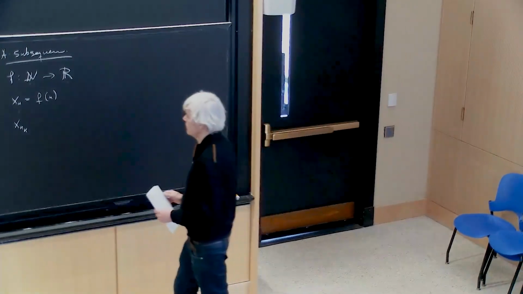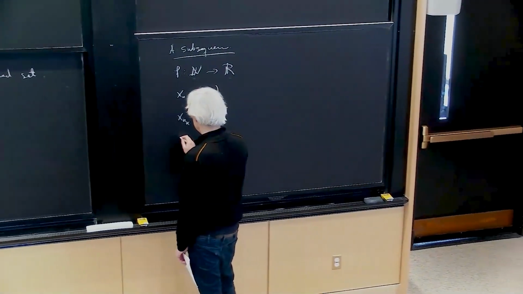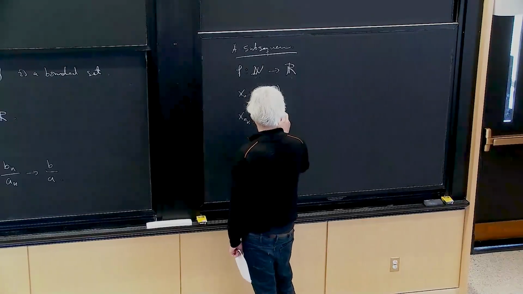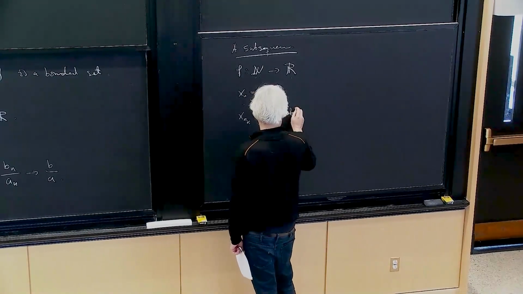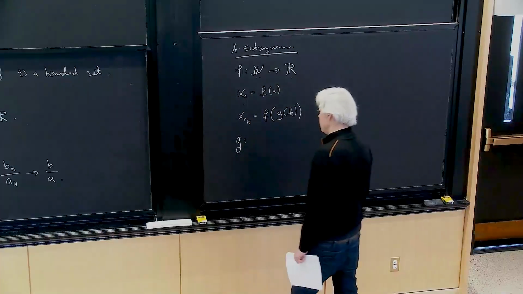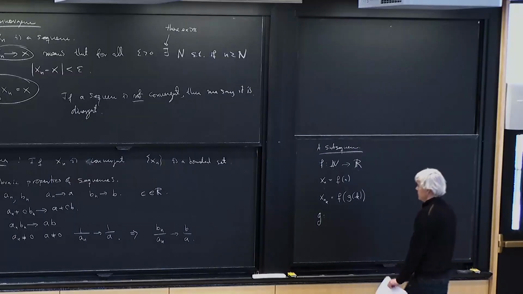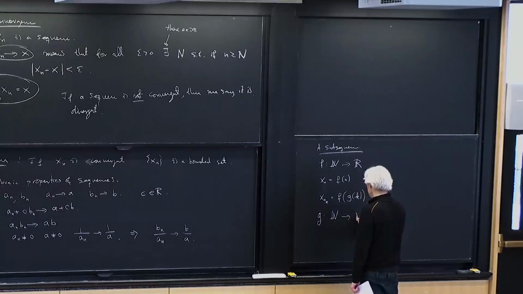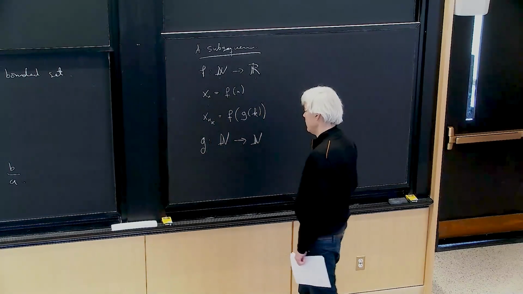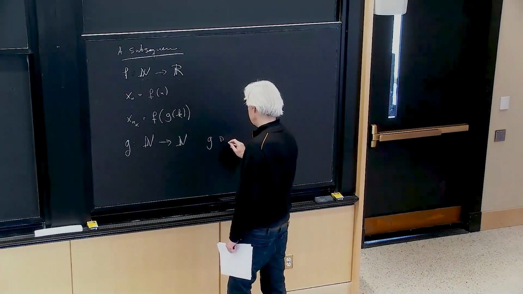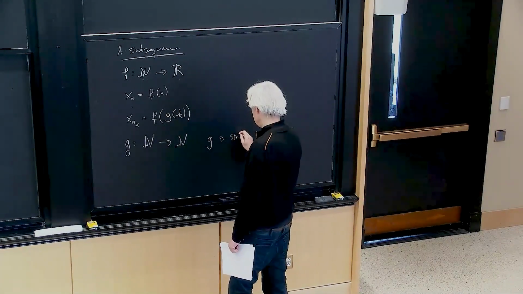This is important: it is equal to f of g of k, where g is a map from the positive integers into the positive integers. And the really important property is that g is strictly increasing.